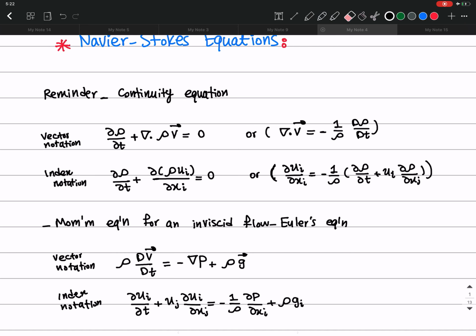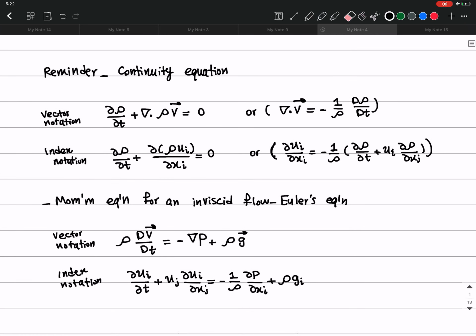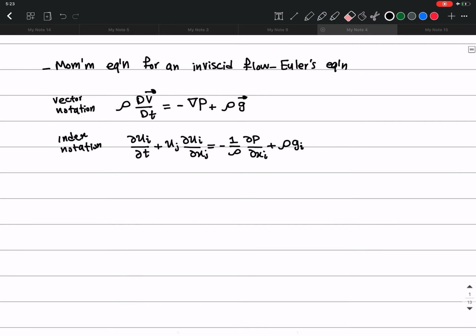Okay, so now let's consider the momentum equation for a Newtonian viscous fluid.